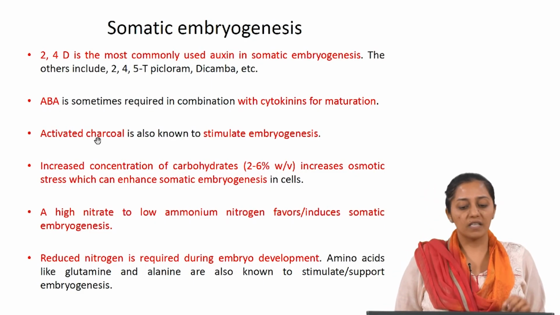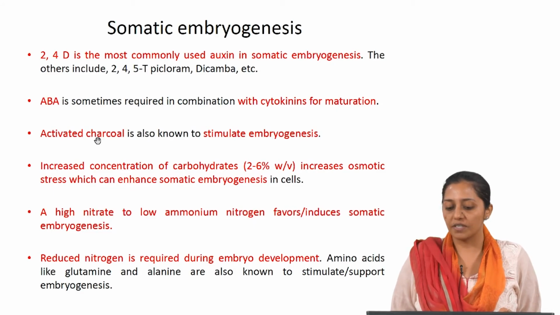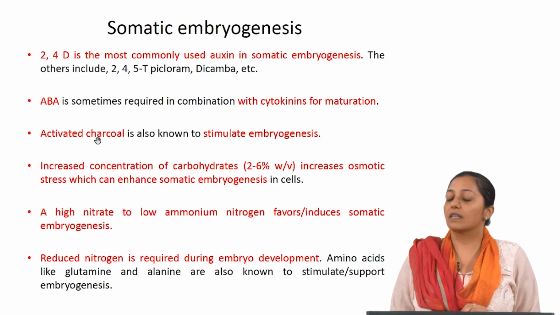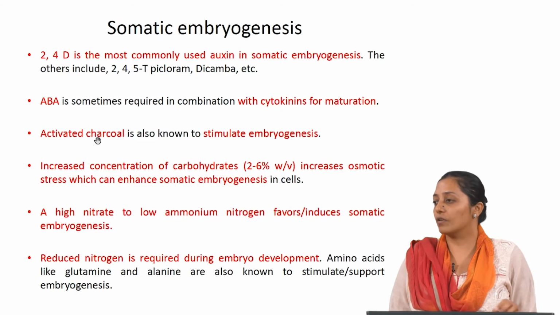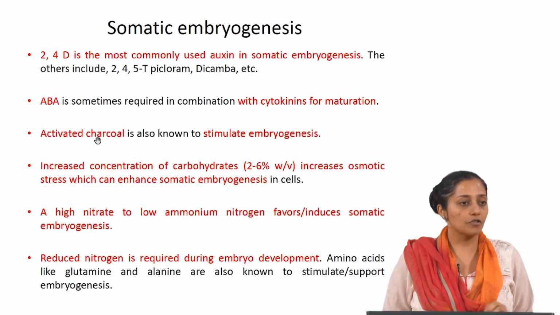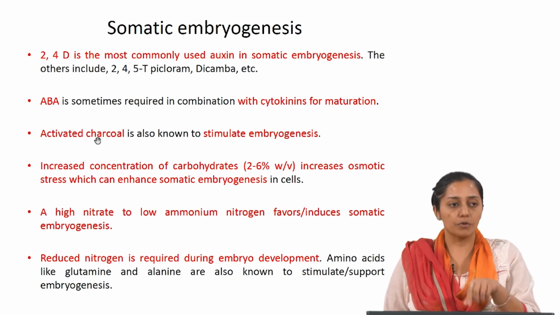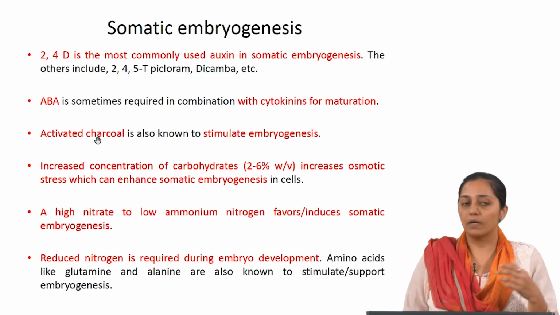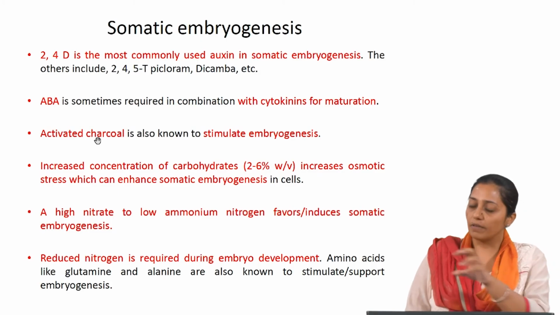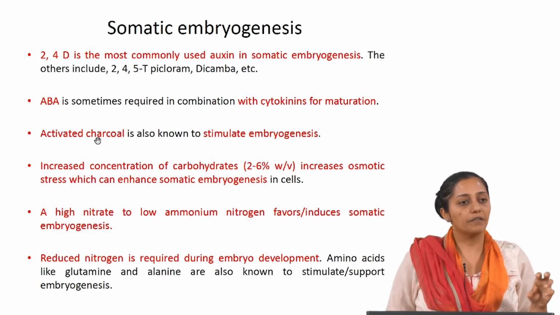Now 2,4-D is the most commonly used auxin in somatic embryogenesis. Sometimes thidiazuron or zeatin, which are other kinds of cytokinins, may also help in the subsequent development of somatic embryos, because even in the development of somatic embryos there are different stages involved.